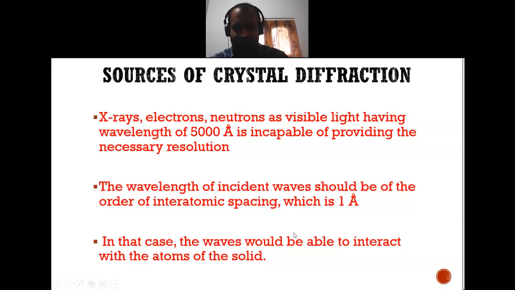So when you are using a source like X-rays, electrons, or neutrons, the waves would be able to interact with the atoms in the solid. Why? Because their wavelengths are almost equal to the interatomic spacing of 1 angstrom.